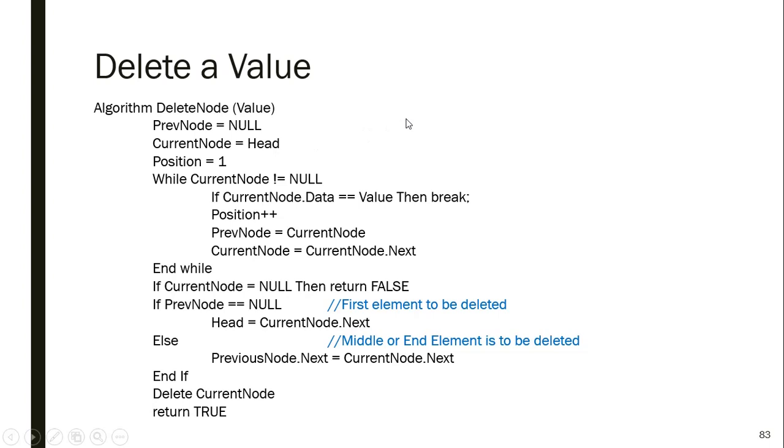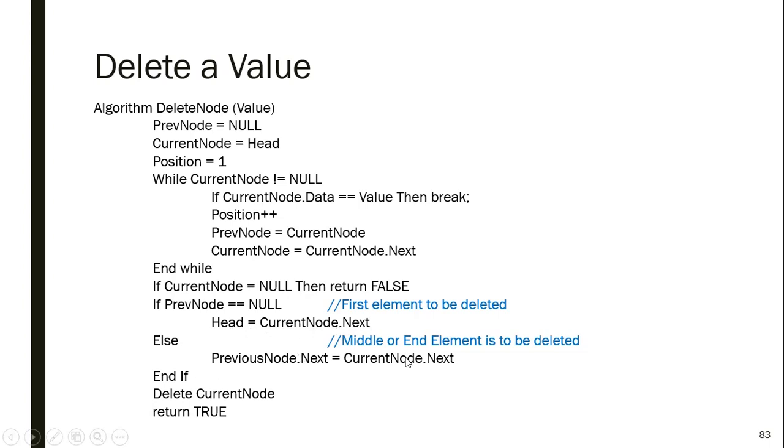So if the value is found on position number 1, that is the head of the list, so its previous will be null. So previous node is null means that the value you are going to delete is in fact the head, the top of the first value.